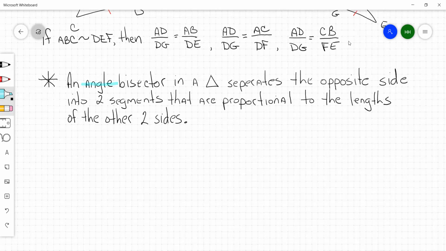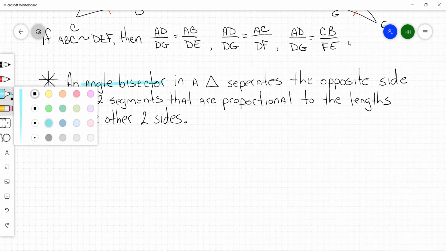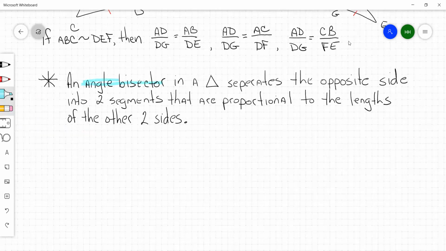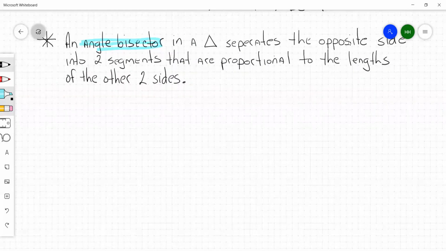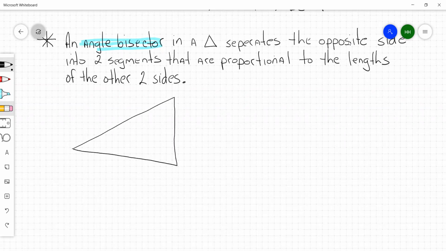Angle bisector here is what we're talking about. Angle bisector separates the opposite side into two segments that are proportional to the lengths of the other two sides. So let's take a look here at triangle JKL.